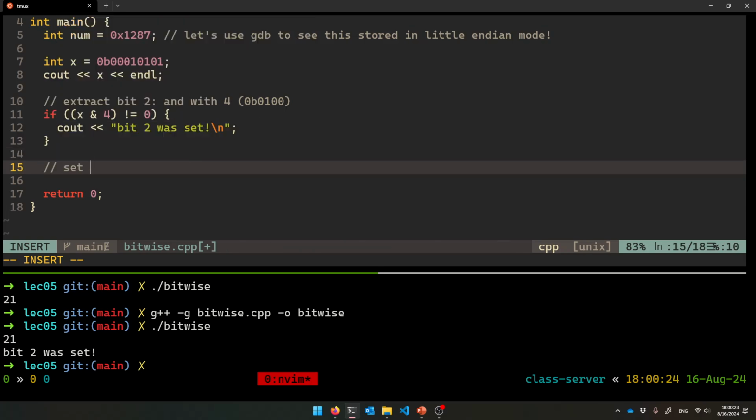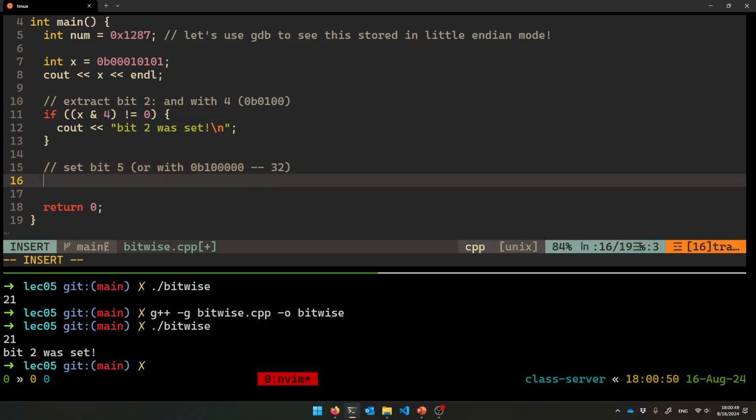Set bit 5, which means OR with a number with a 1 in the 5th bit position, which I think is that one: 0, 1, 2, 3, 4, 5. Whatever that number is, you can check what it is. It's 2 to the 5th power, which is 2, 4, 8, 16, 32. It's really the number 32, but you don't even have to think about that.